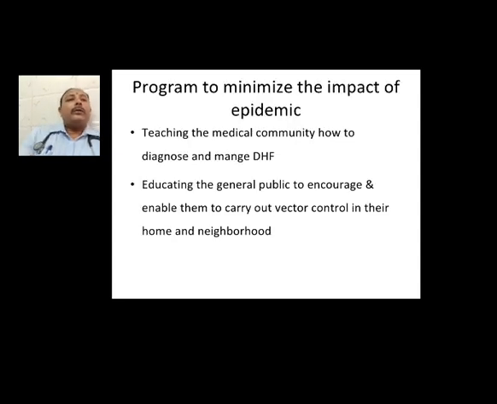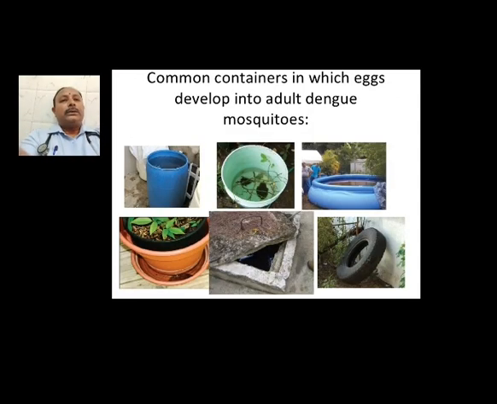Now, programs to minimize the impact of epidemic: teaching the medical community how to diagnose and manage dengue hemorrhagic fever, and educating the general public to encourage and enable them to carry out vector control in their home and neighborhood. These are pictures showing common containers in which the egg develops into adult dengue mosquitoes.